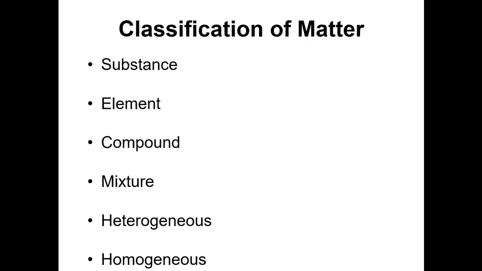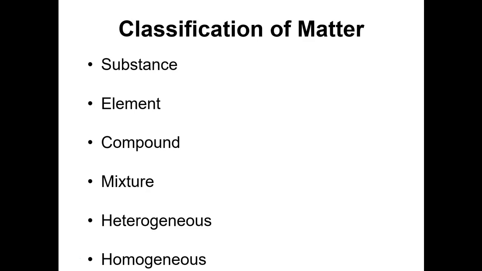What we want to do in this video is talk about classifying matter using terms like substance and element, compound, mixtures, a heterogeneous mixture, and a homogeneous mixture. The way your book does this is with a sort of logic tree, which you would use to interrogate various samples of matter and then decide how to classify them.